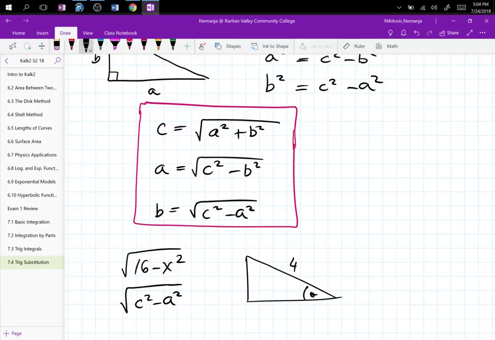So I pick 4 for the hypotenuse because it must be there. Now this x squared I can put either here or there. It doesn't matter. You pick one of them, right? So let's pick the bottom, for instance. And then if you solve the Pythagorean theorem for this, the unknown side will be the square root of 16 minus x squared.